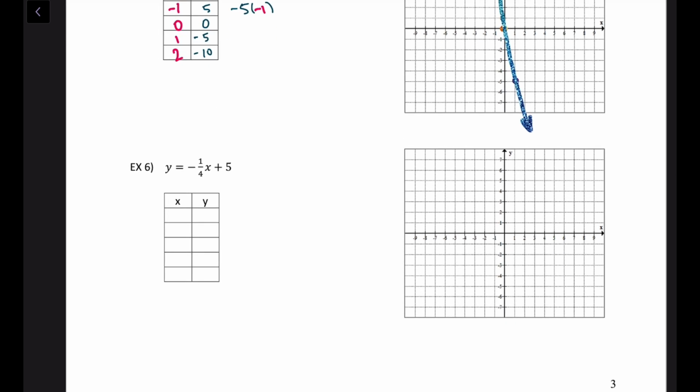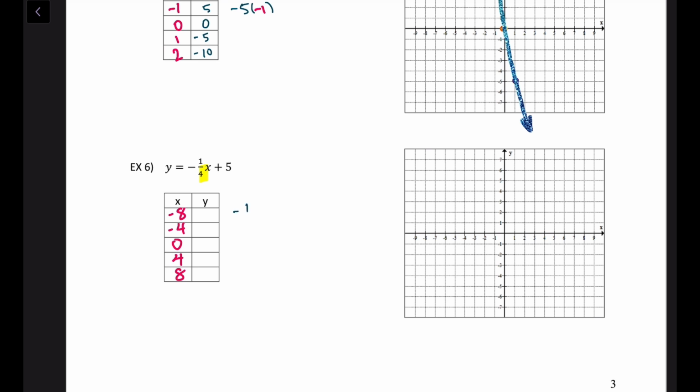Number 6 is going to be a good one because it has a fraction with that x, so we want numbers that are divisible by 4. So I'm going to use the denominator, use 0, use the opposite of the denominator, and then the next thing that 4 would go into is 8. So we can do -8.